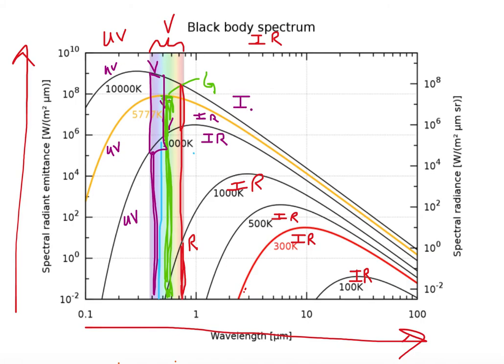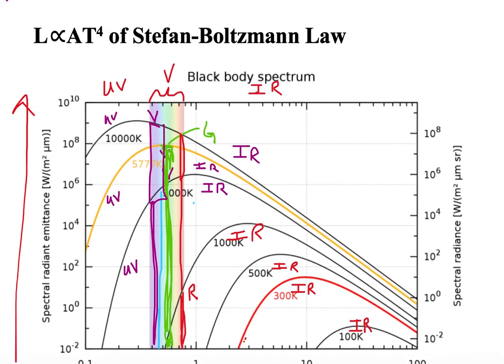So let's take a look at what trends we see here. We see two trends of the Stefan-Boltzmann law. The first one we see is as temperature goes up, the curve increases. We see a lot more black body spectrum as the temperature goes up. So what we see is a higher amount of power being emitted per meter squared with the higher temperature object.